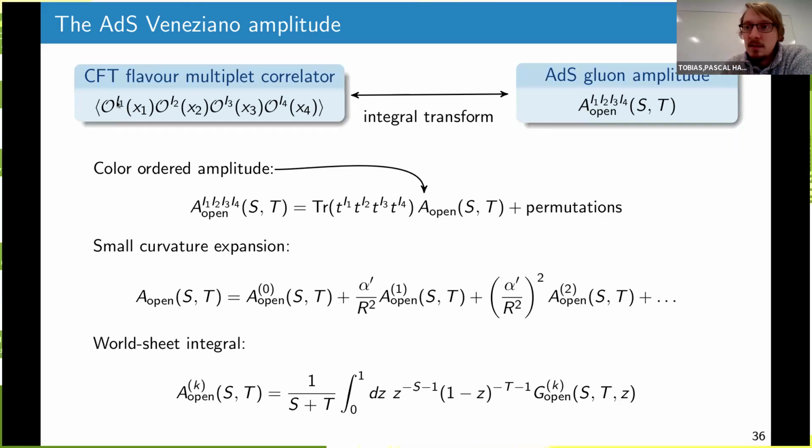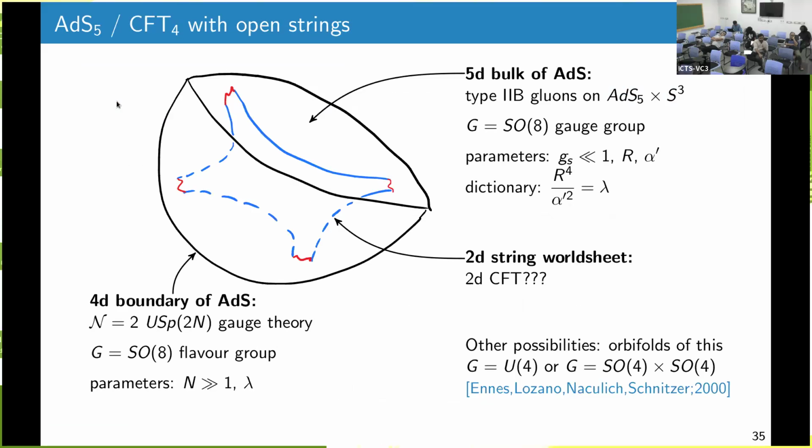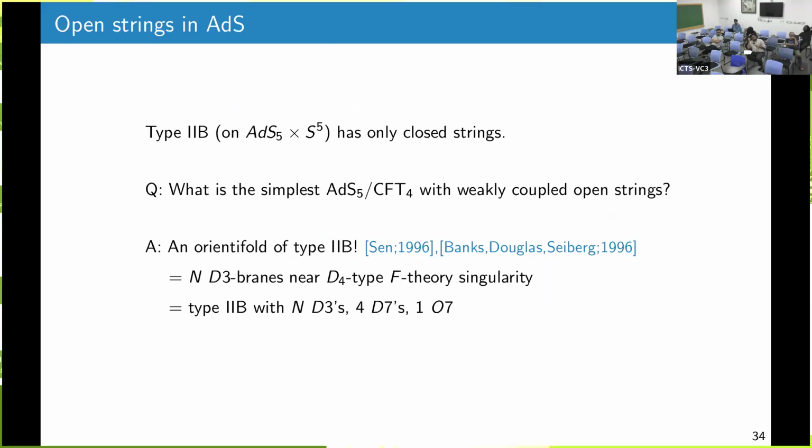On the previous slide, this SO8 symmetry, is it some geometrically realized thing in the bulk? Or is it some R symmetry, what is this SO8? There's some USp(2N) gauge theory, and this comes from the D7 branes.